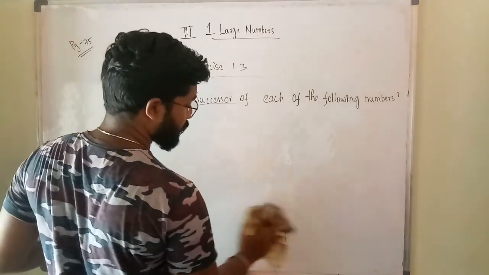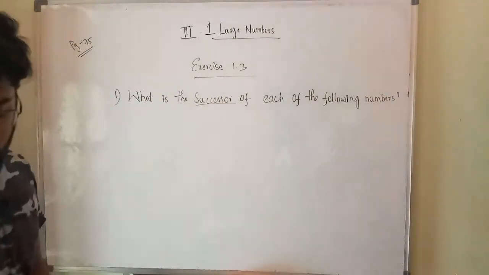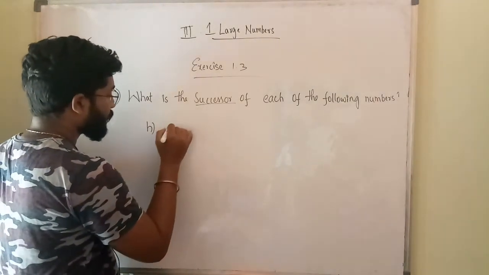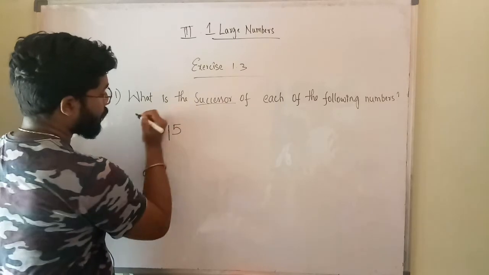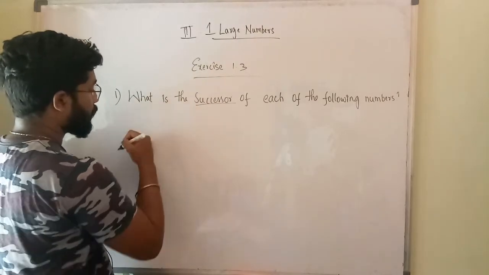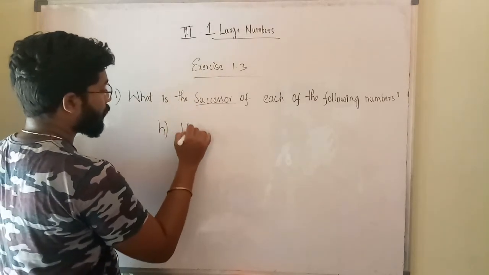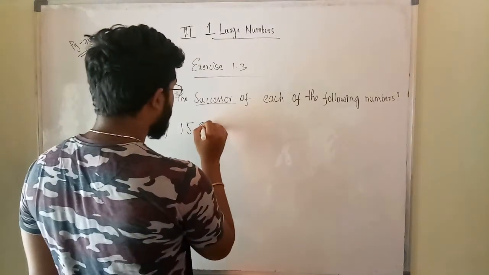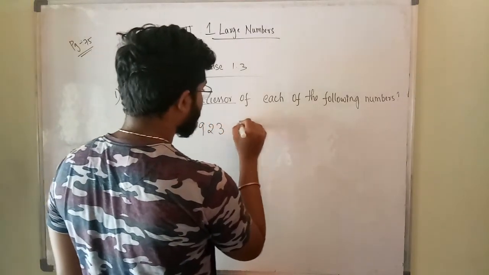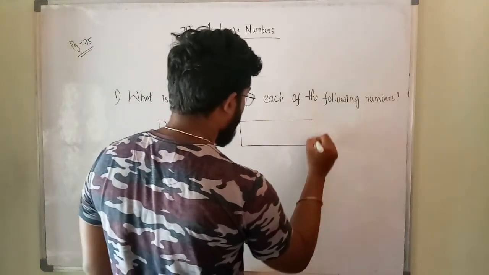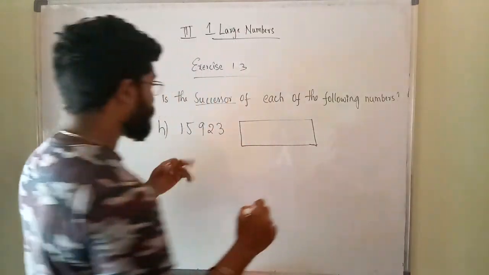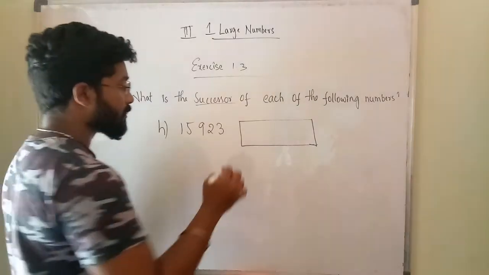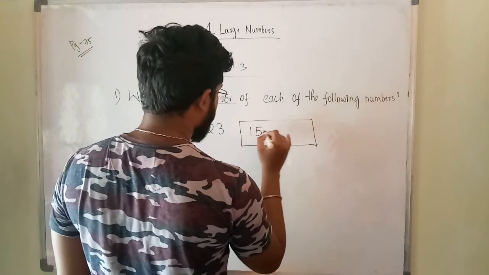Okay. So H is what? 15,923. Okay. So for this, the successor is 15,924. Clear?